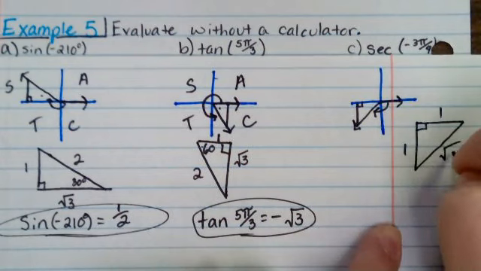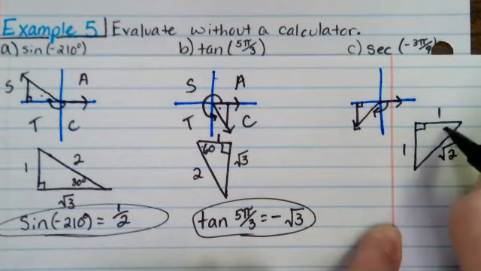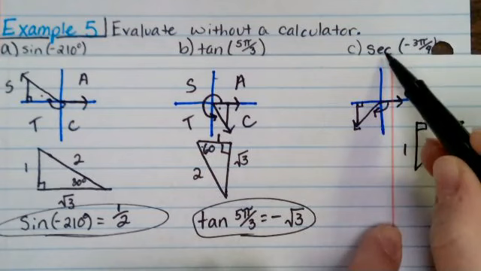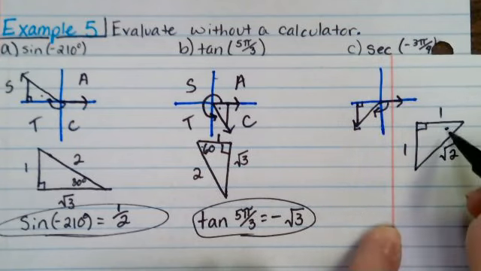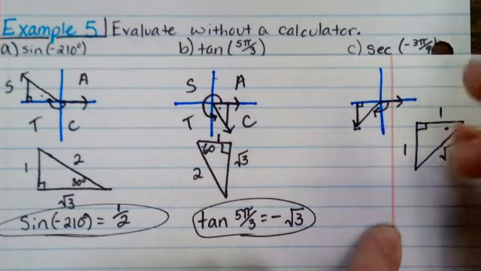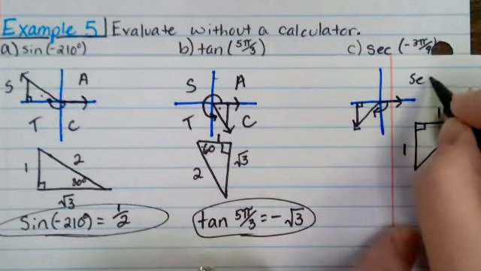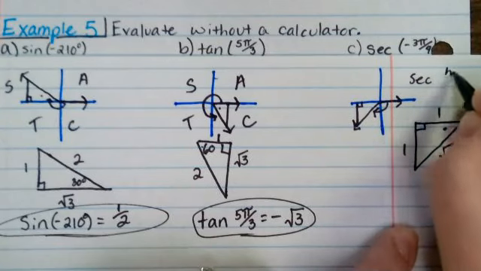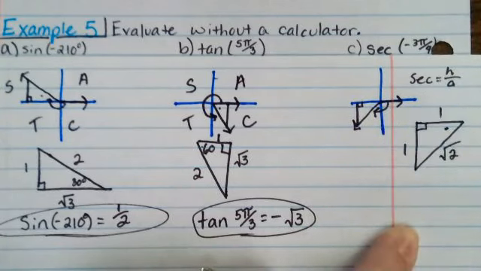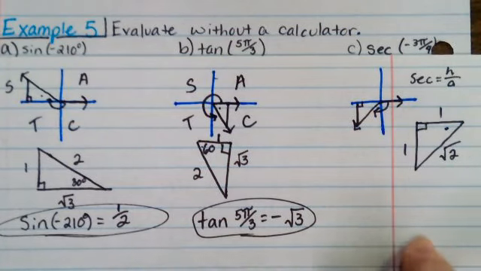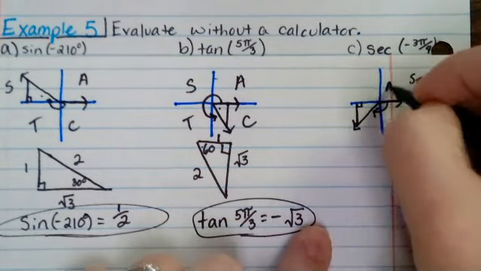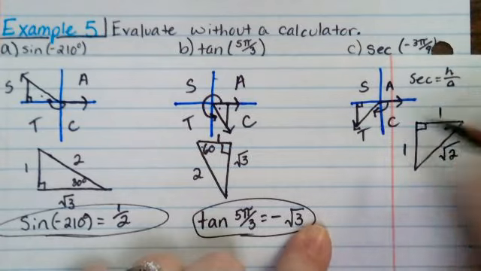1, root 2. This is the angle that we're working from. To get secant, remember that that is the reciprocal of cosine, which means instead of adjacent over hypotenuse, for secant I want hypotenuse over adjacent. Okay? So hypotenuse is square root 2 over 1. Remember that all students take calculus.